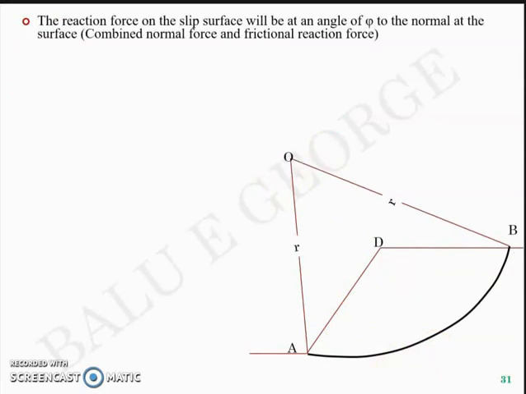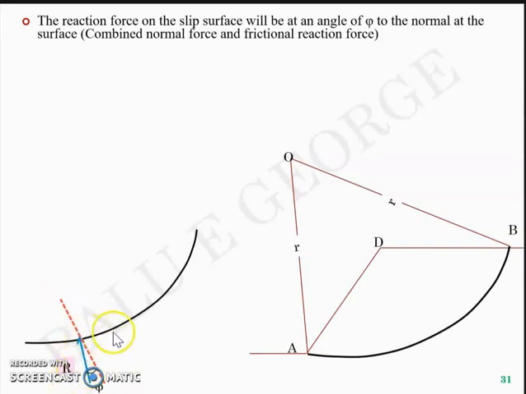Now the reaction force on the slip surface will be at an angle phi to the normal at the surface, just similar to what we had discussed yesterday in the Swedish circle method. You have a point here, you draw the normal, and reaction R will be at an angle phi with respect to the normal, where phi is the angle of internal friction. Again, imagine one case: you have a point here, let's say point number 1, you have a normal there, and you have an R there.